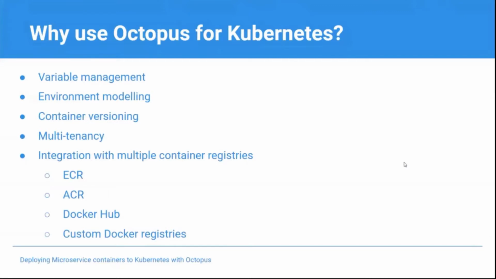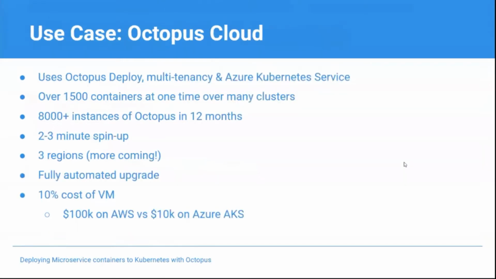I'll talk about Octopus Cloud in just a moment, but we use multi-tenancy to spin up all of our Octopus Cloud instances. And you've got integration with multiple container registries such as ECR, ACR, Docker Hub, and also custom Docker registries as well, like Sean's using Nexus Hub later on, which is really cool.